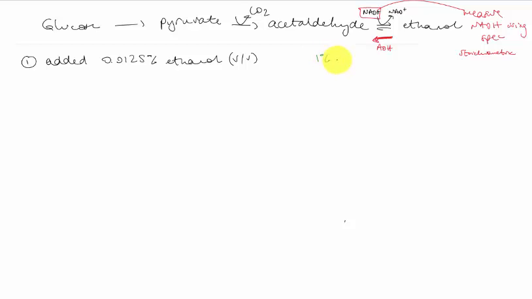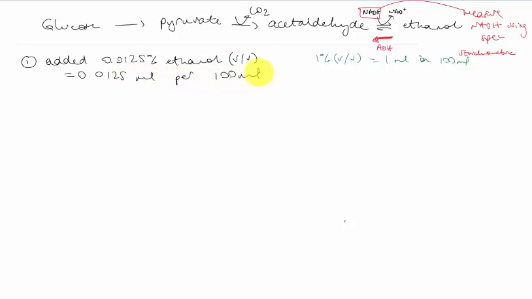So we know that 1% volume per volume means 1 mil in 100 mils. So 1 mil of pure ethanol in 100 mils. But here we've got 0.0125, so that's 0.0125 mils in every 100 mils.